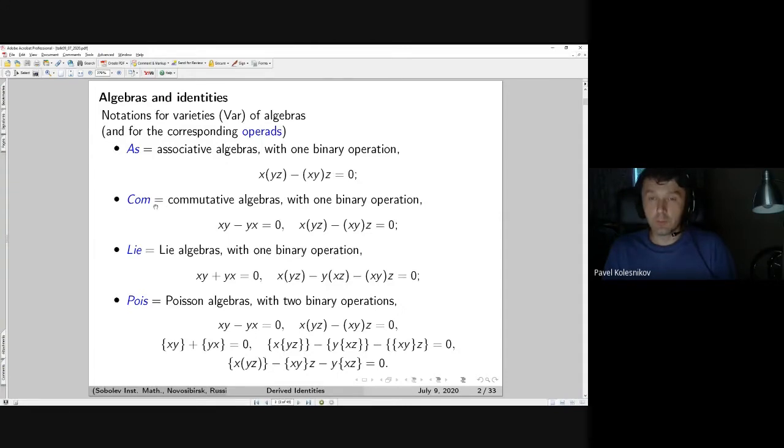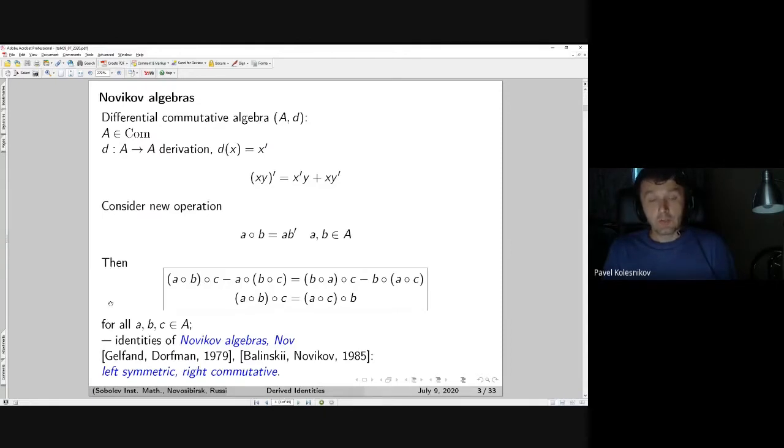So just commutative means not only commutativity but associativity as well. Lie algebras, Poisson algebras. The varieties of algebras will be denoted in this way, and I will also use the same notation for operads corresponding to these classes of algebras. I will later explain what an operad is quite briefly.